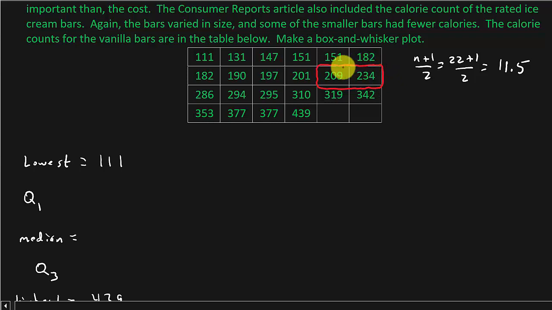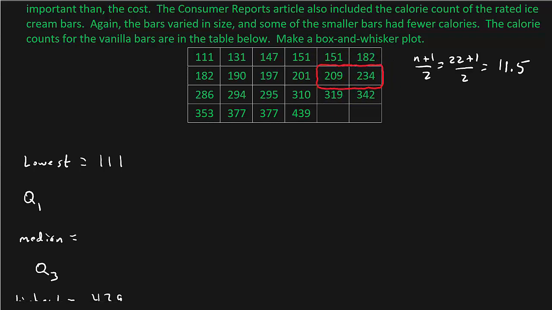Remember, in the previous video on mean, median, and mode, we found the median when we had an even number of data values and when we had an odd number of data values. If we have an even number of data values, say we go to the 11.5, that's right here in between these 2 numbers. So we take these 2 numbers to be our middle 2.